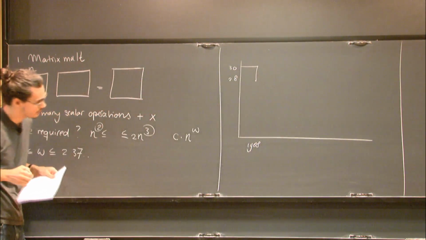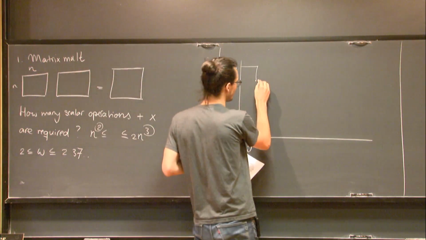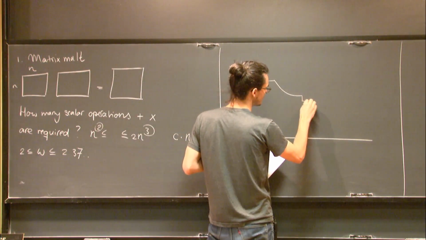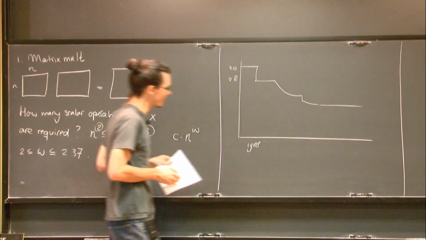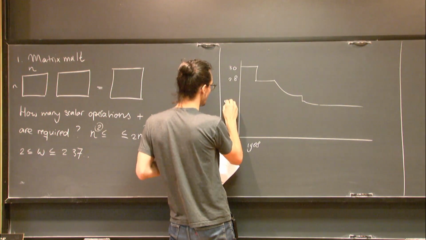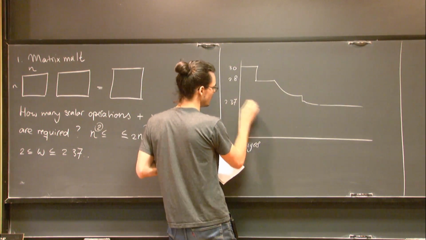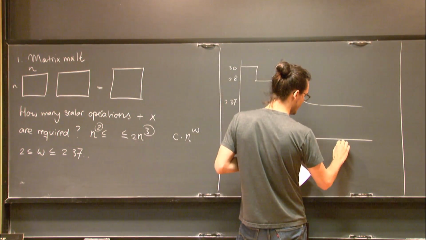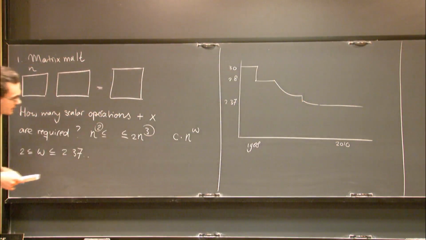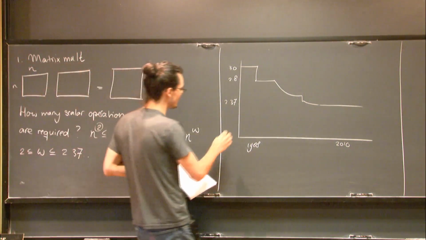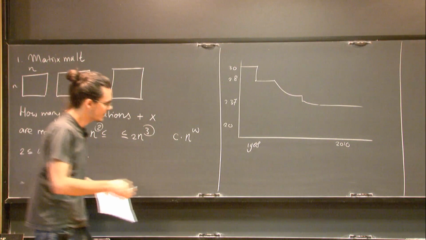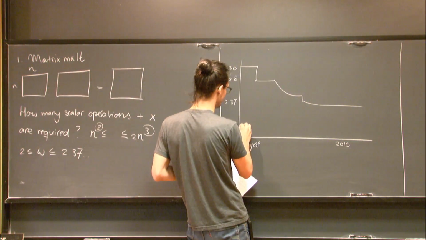Right, and since then, there was a short pause here, but since then this has been brought down. Let me just roughly sketch it to 2.37, as I said earlier. So the last improvements on this were somewhere in the 2000s. And the lower bound, so this is the curve of the best upper bound. The lower bound has remained 2.